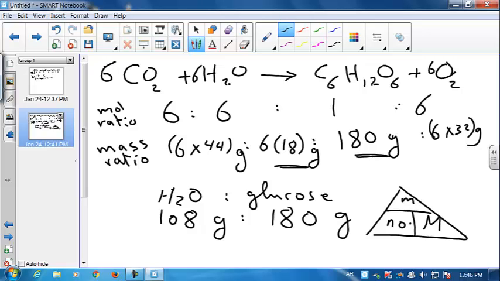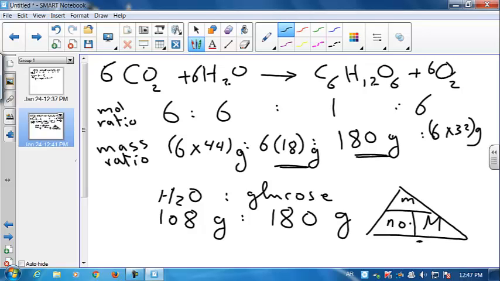And then I converted it to mass ratio using this equation. So the 6 moles of water means 6 times 18 means 108 grams. 1 mole of glucose means 180 gram of glucose. So the mass ratio of water to glucose is 108 to 180.